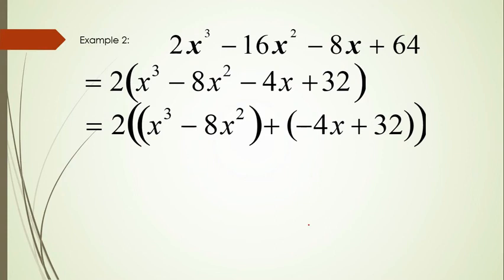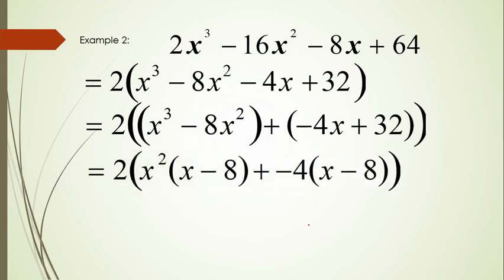What can we take out of the negative 4x plus 32? That's right, we're going to take out the negative 4. But notice that when you do, the 32 is going to go from a positive to a negative because you're extracting a negative 4 out.